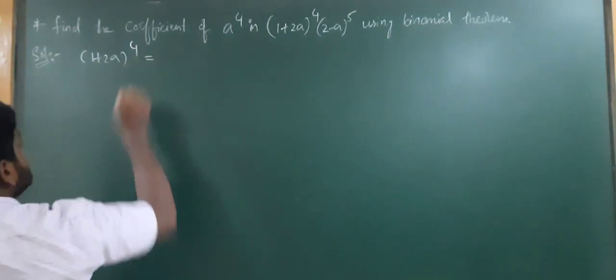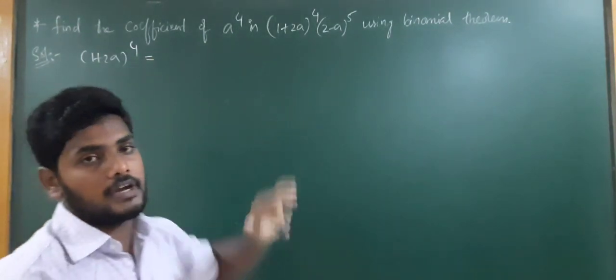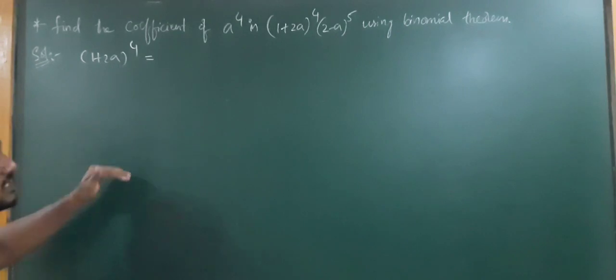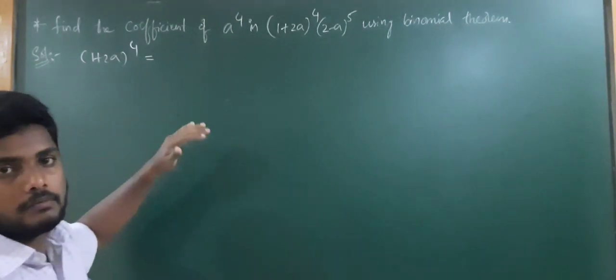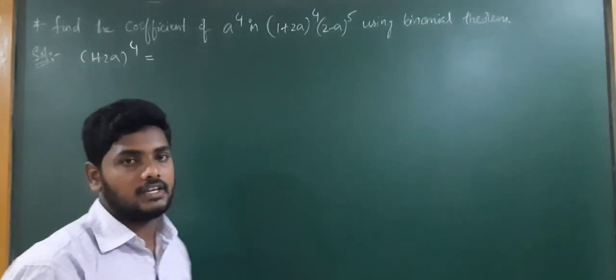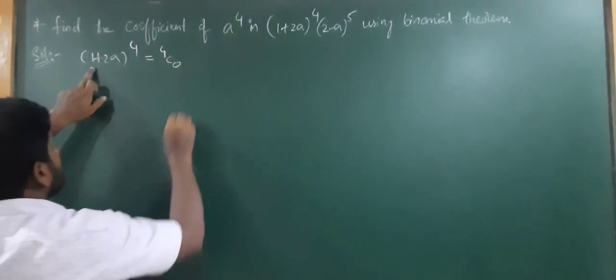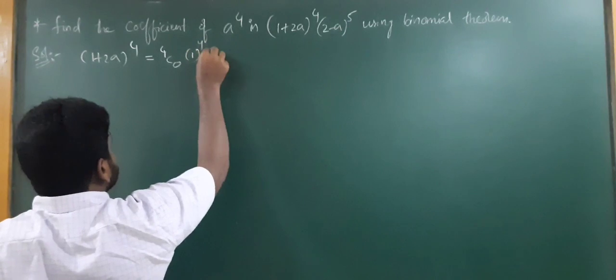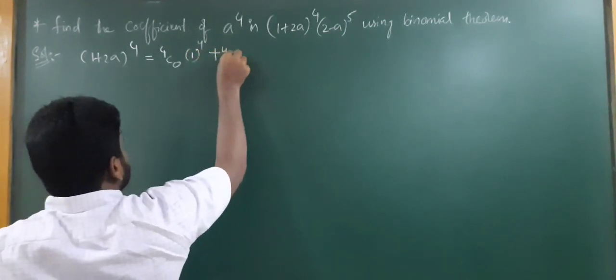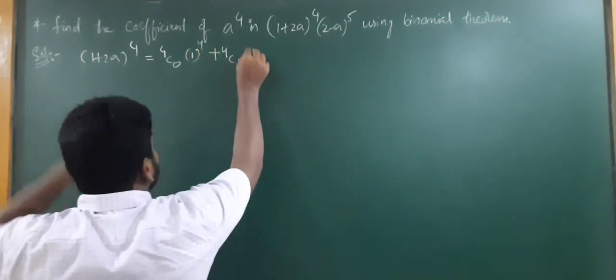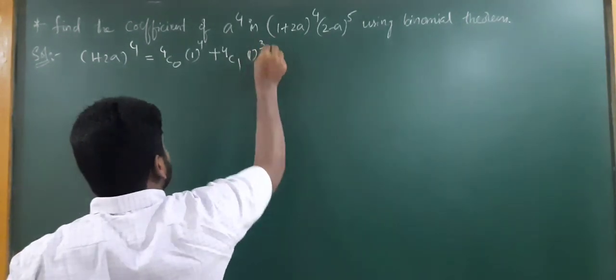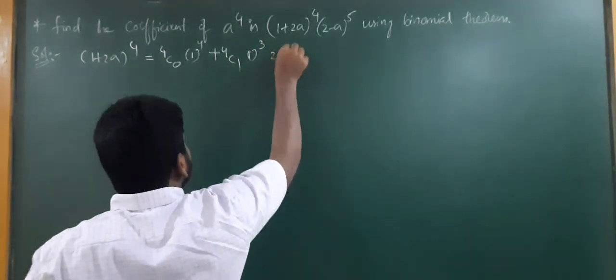See how to expand this (1 + 2a) to the power of 4 by using the binomial theorem: nC0 x^n plus nC1 x^(n−1) y, like that we need to expand. So it will be 4C0 1 to the power of 4 plus 4C1 1 to the power of 4 minus 1, nothing but 3, into 2a.